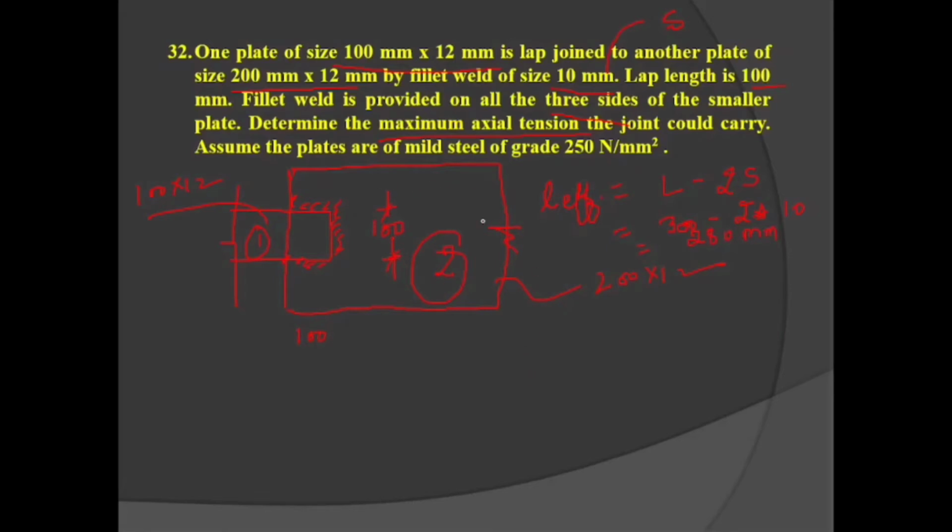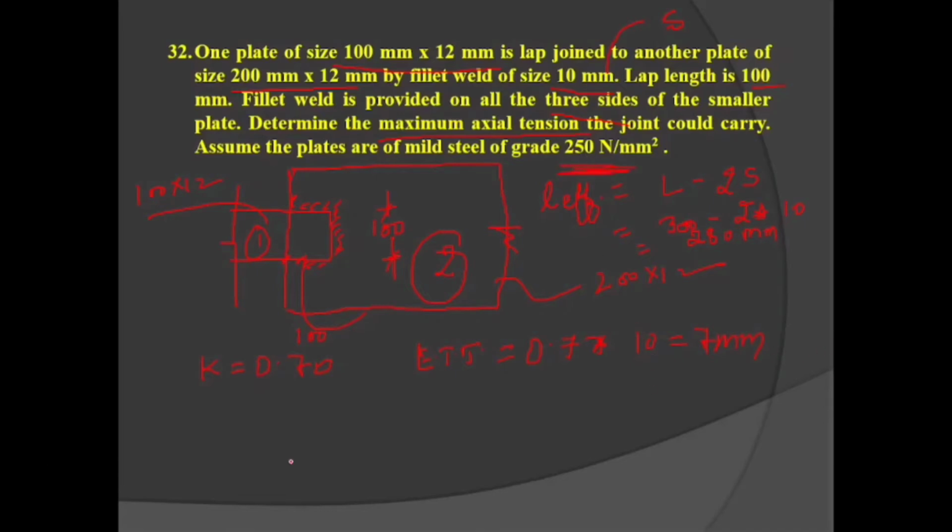The angle between this and this plate is basically 90 degrees, so for all such cases the K value will be equal to 0.70. So the effective throat thickness will be 0.7 into 10, that is 7 mm. Now the Fy value is given.